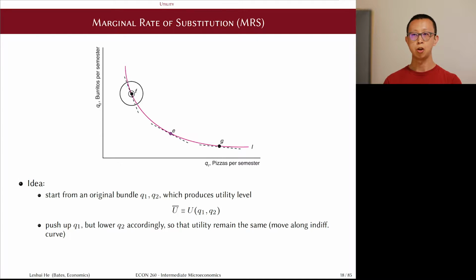By traveling along an indifference curve, what we're doing in terms of the utility function is that we're dialing up Q1 while simultaneously dialing down Q2 in an appropriate manner such that before and after the change, the utility function keeps feeding back exactly the same height on the utility hill.